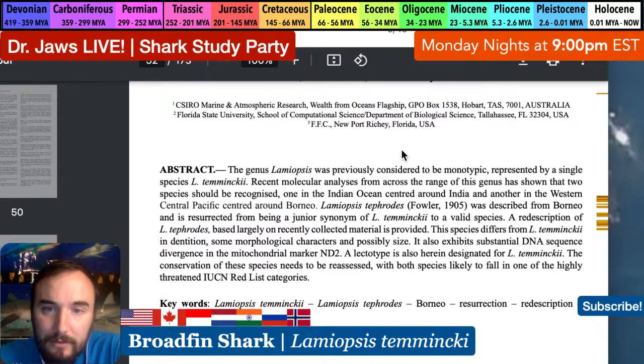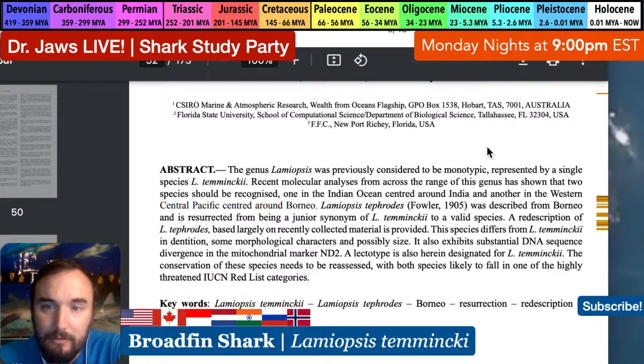Lamiopsis tephrodes, Fowler 1905, was described from Borneo and is resurrected from being a junior synonym of Lamiopsis temminckii to a valid species. A redescription of Lamiopsis tephrodes, based largely on recently collected material, is provided. This species differs from Lamiopsis temminckii in dentition, some morphological characters, and possibly size.